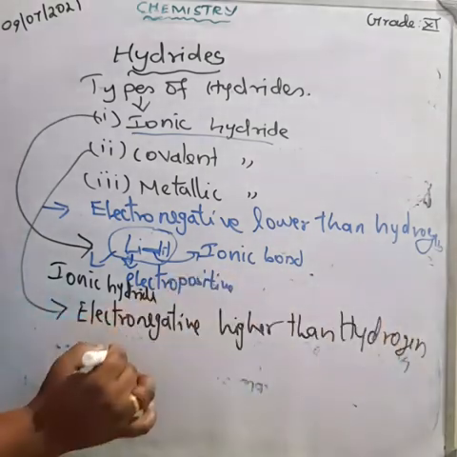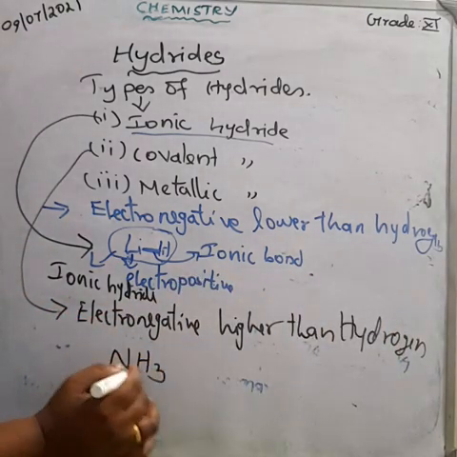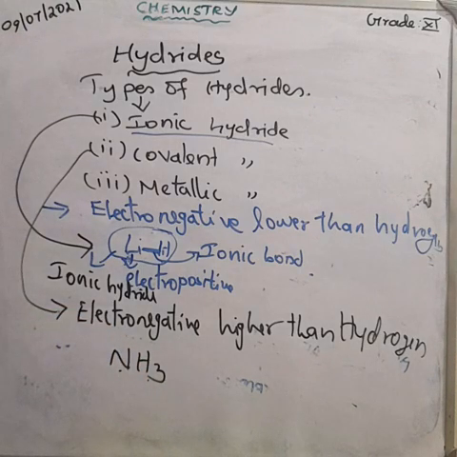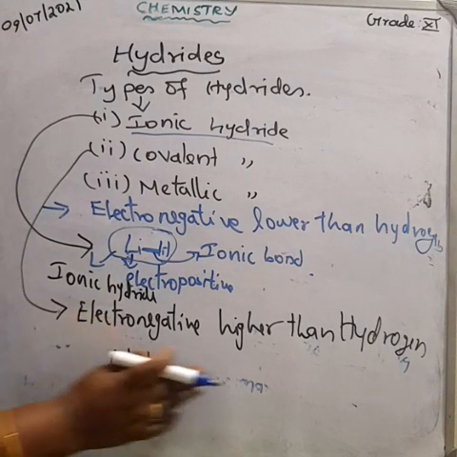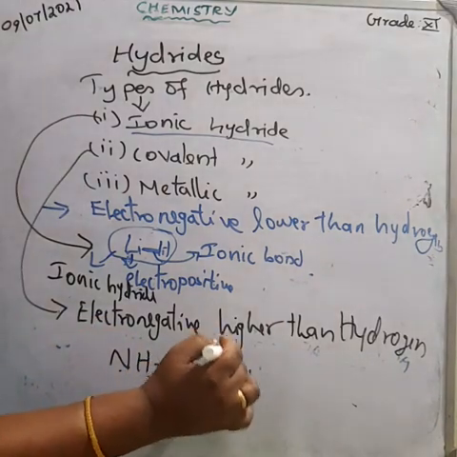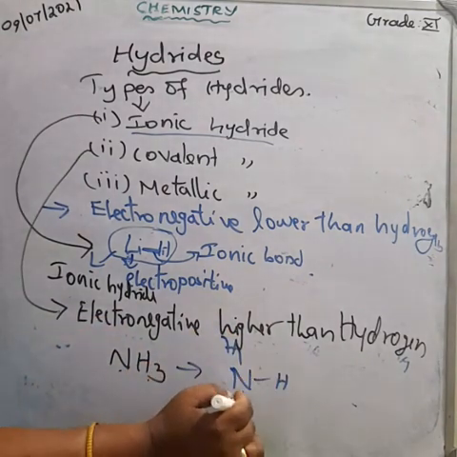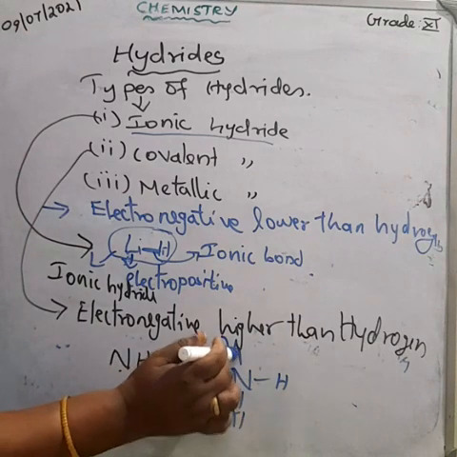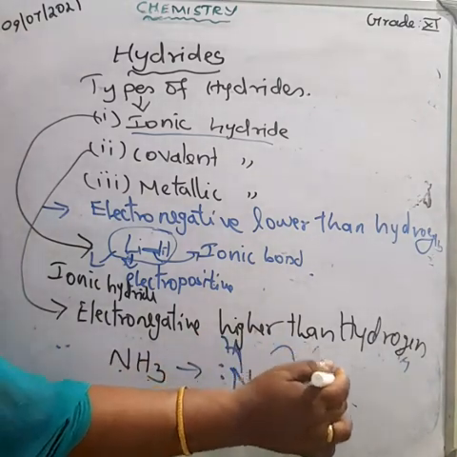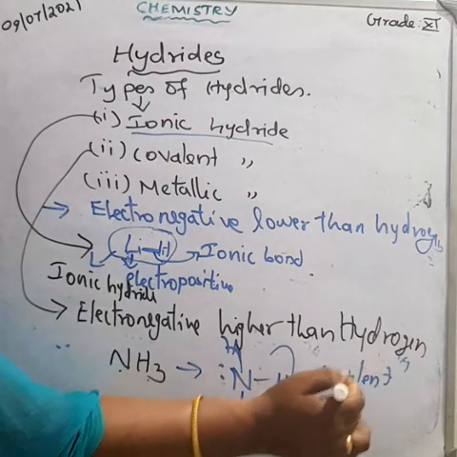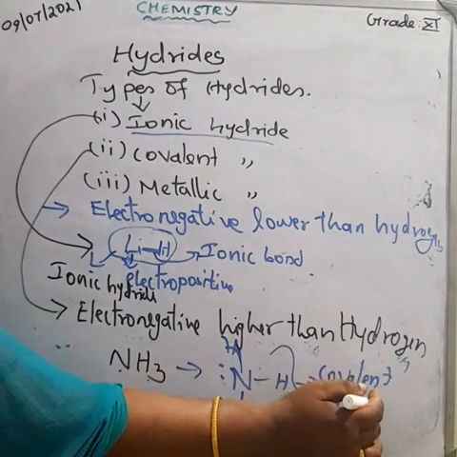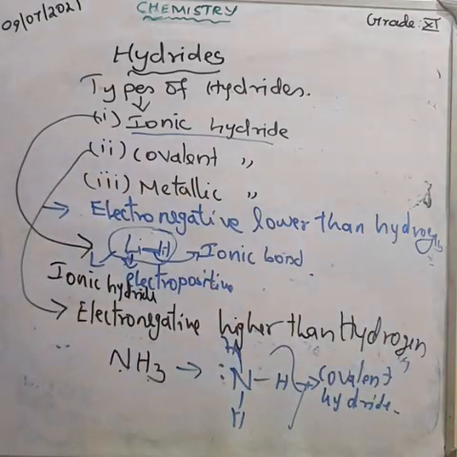Here nitrogen has higher electronegativity than hydrogen, so the bond formed between nitrogen and hydrogen is called a covalent bond. So NH3, a hydride of nitrogen, we call a covalent hydride. About metallic hydride, we will study tomorrow. This is the introduction about hydrides. Tomorrow I will explain the types of hydride: ionic, covalent and metallic.